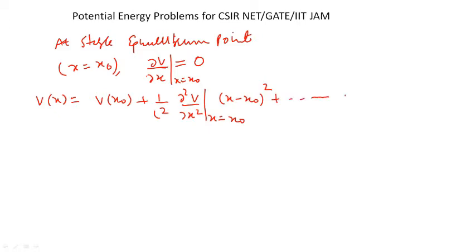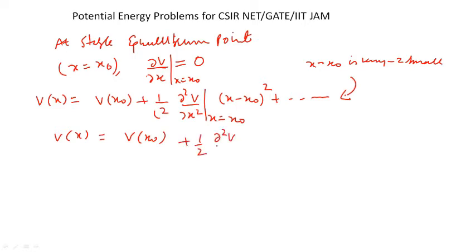Here, because your x minus x0 is very small, so we have neglected here the higher terms. Now finally your potential energy is equal to Vx0 plus 1 by 2 del 2v over del x2 at x equal to x0 x minus x0 whole square. Let us say it is equation number 1.